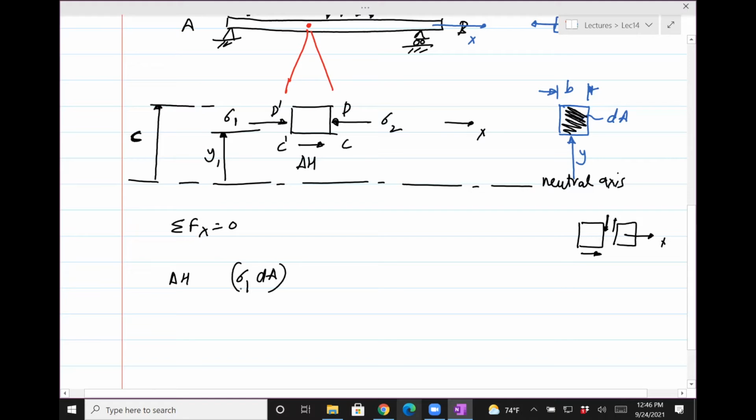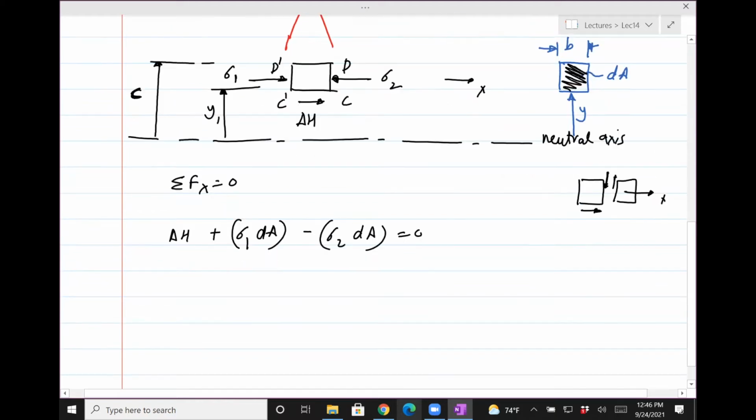So stress times area gives us the force. And then sigma 2 is going to be negative because it's acting in the other direction. So the net force is 0. So we can write delta H as sigma 2 minus sigma 1 times dA.